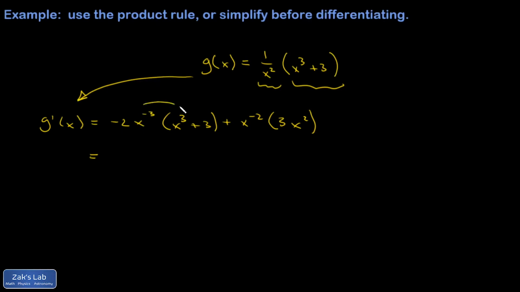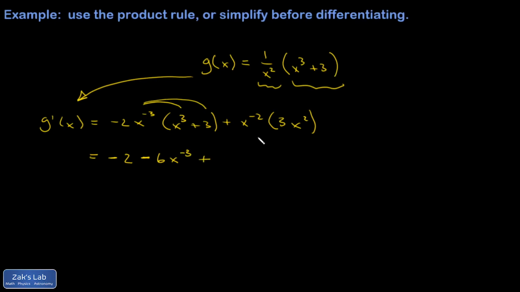So I'm going to distribute negative 2x to the negative 3 over those two terms. I end up with a negative 2 from the first term because x to the negative 3 times x to the 3 is x to the 0, or 1. Second term, minus 6x to the negative 3.